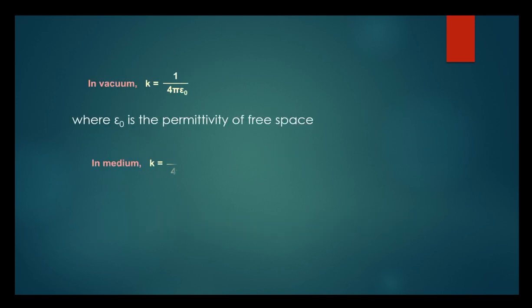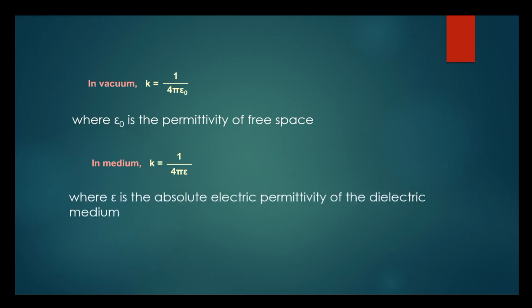Now we come to the details of the value of K. In vacuum we write K as K equals to 1 by 4 pi epsilon naught, where epsilon naught is called permittivity of free space. If you don't understand what is permittivity of free space, don't worry now. We will be studying about the permittivity of free space very soon.